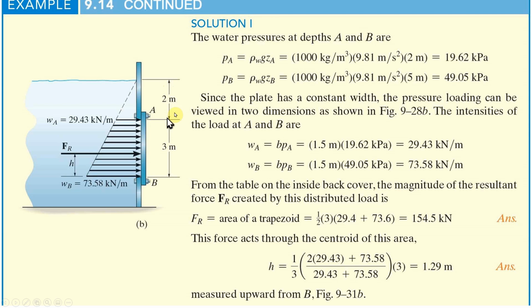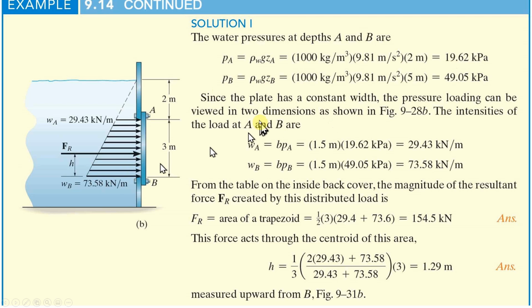It's 2 meters below the surface, so the pressure here is 2 meters times 1,000 times the acceleration due to gravity, 19.62 kPa. kPa is a common unit that you'll use when you're dealing with pressure. Atmospheric pressure is right around 100 kPa.